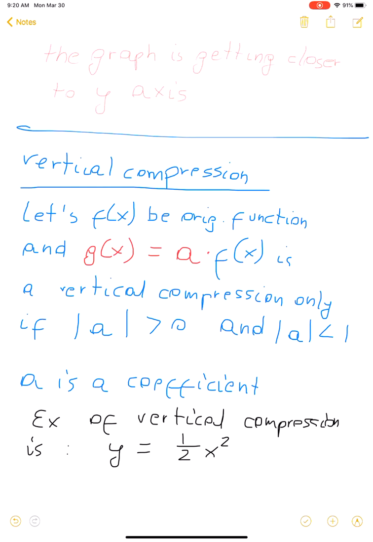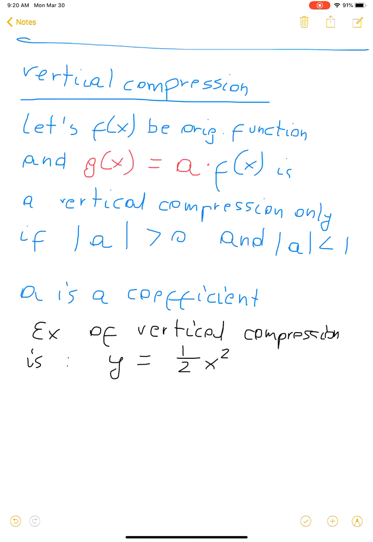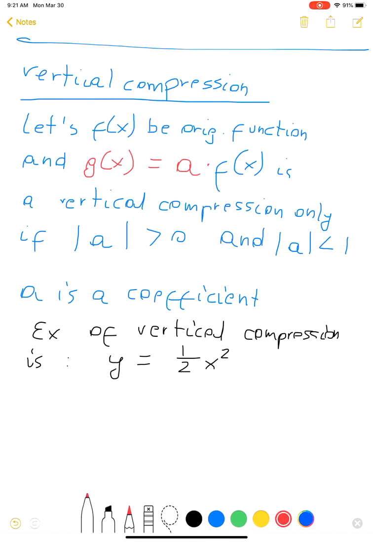So this is the example of vertical compression because our coefficient is a. In this case, a is equal 1/2, and like you see, the absolute value of 1/2 is definitely less than 1. So when the absolute value of the coefficient is smaller than 1, then we're going to have a vertical compression. Okay, the parent function, the original graph, of course, is y equal x squared.